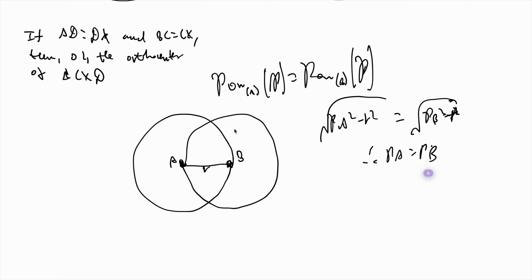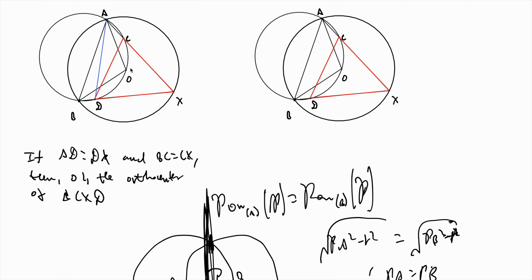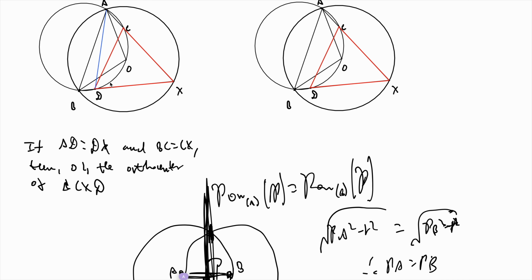Therefore, in this case, the radical axis is the collection of all points that are equidistant from A and B. Notice that the radical axis is a straight line that is always perpendicular to AB. So let's take a look at A and X. We already know that O is on the radical axis.